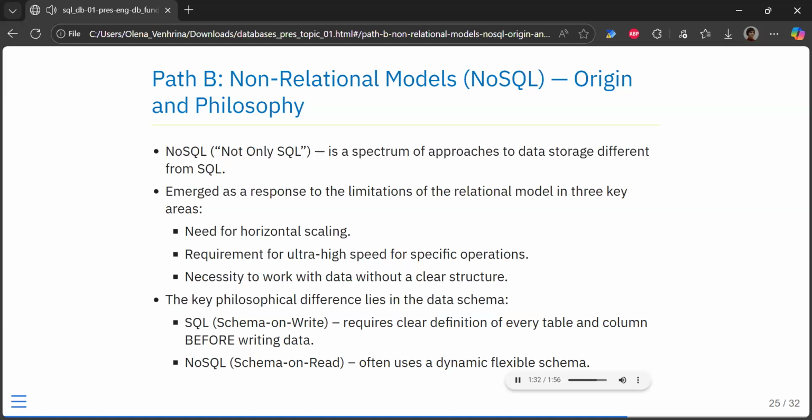You have a collection, similar to a folder, and you can simply put a JSON document there with new fields that did not exist before. The database will not complain. It is already the job of your application, when it reads this data, to figure out that some documents have new fields and old ones do not. This flexibility gives the developer a new, powerful choice that does not exist in SQL, and we will consider it next.